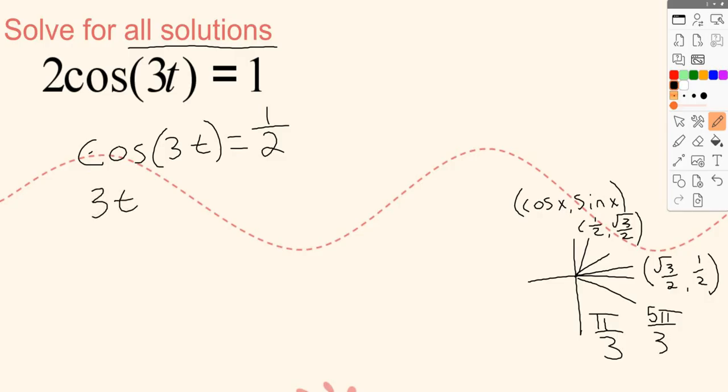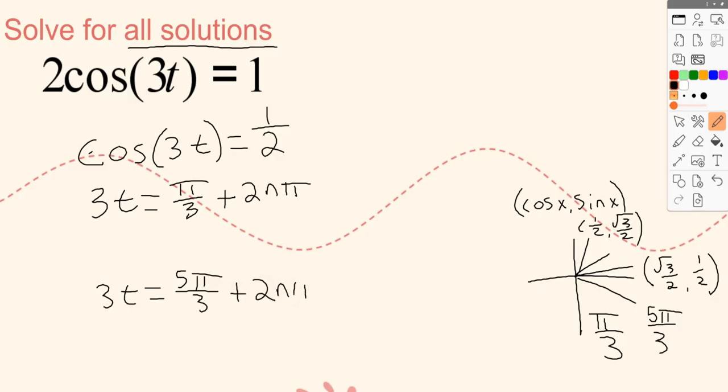So I have 3t equals pi over 3. And again, remember, we want all the solutions this time, so that's why I'm putting the plus 2 pi. And this time, how do we solve for t?